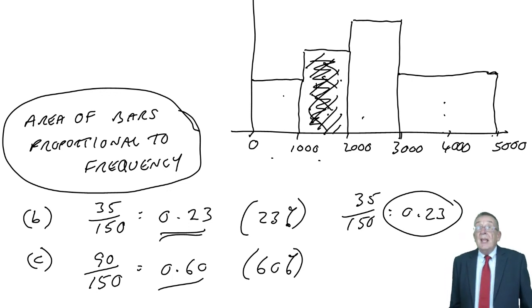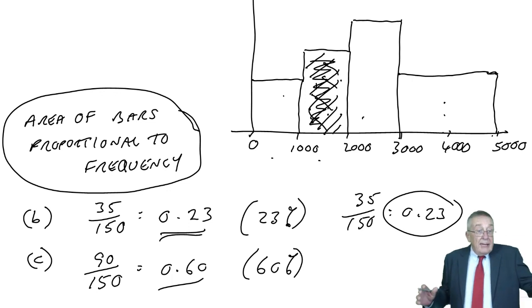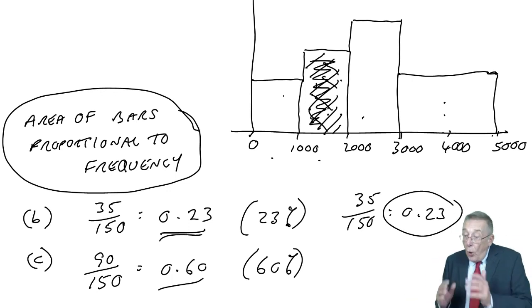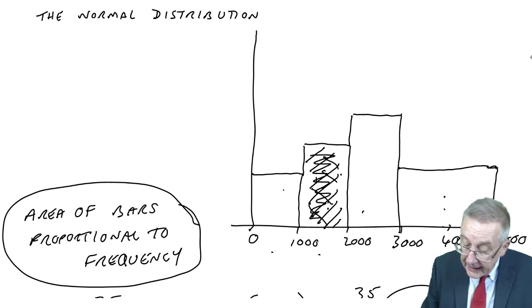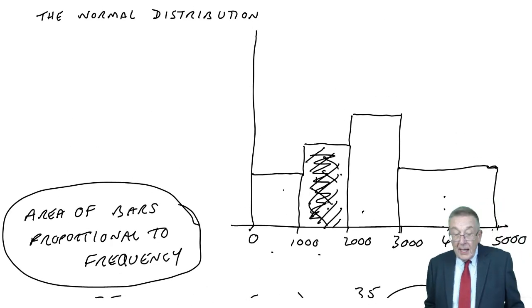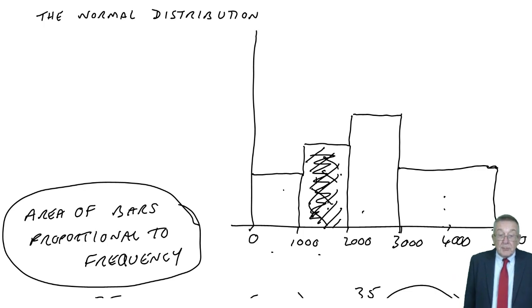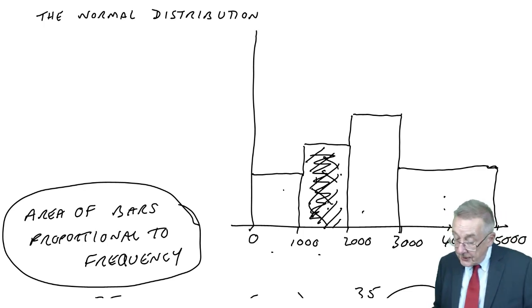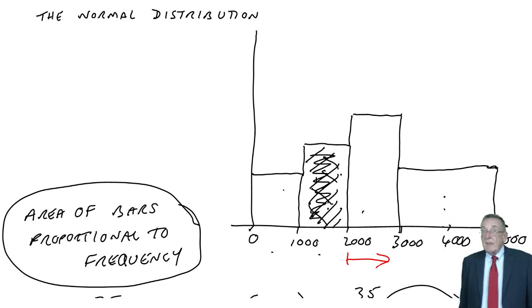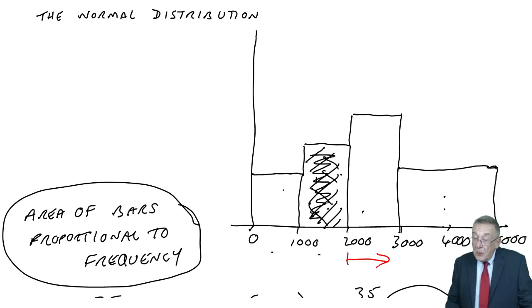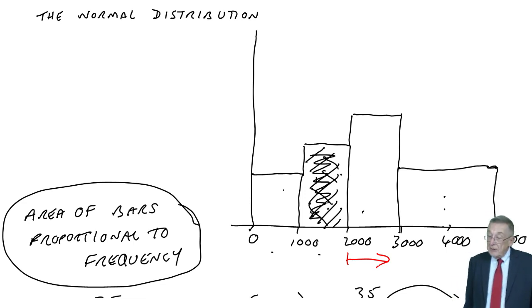Or again, suppose all I'd given you was that histogram, but told you it had been drawn properly. And I said, what's the probability of earning more than 2,000? Well, again, the area of those bars is proportional to the number of people.